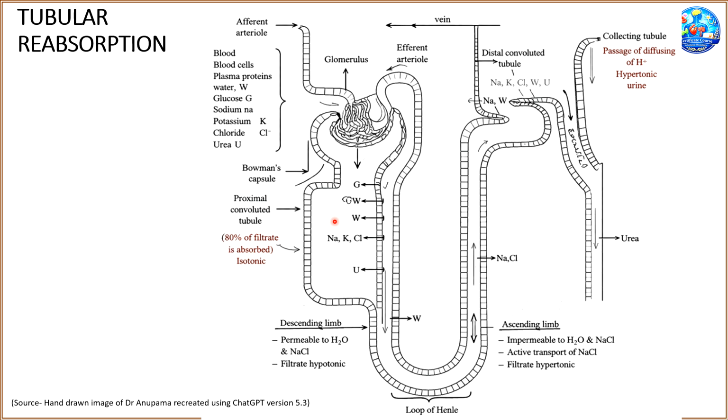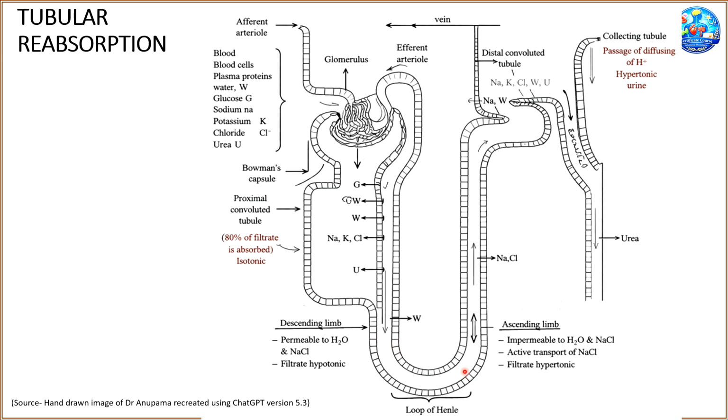Next comes the loop of Henle. We have the descending limb as well as the ascending limb. Here, the descending limb is permeable to water, while salts are mostly absorbed in the ascending limb. As the descending limb is permeable to water, most of the water is reabsorbed.